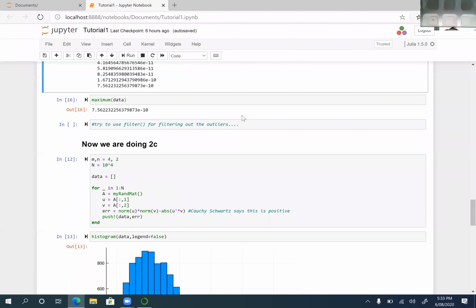So that's what I would describe as filtering the data to seek out outliers. It's just putting a conditional in and then a command if that is met.